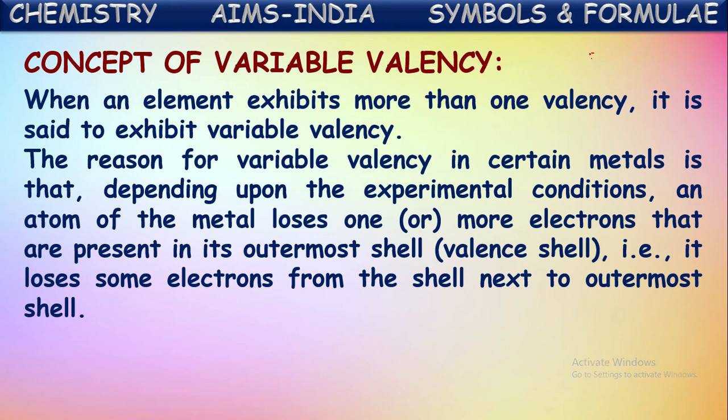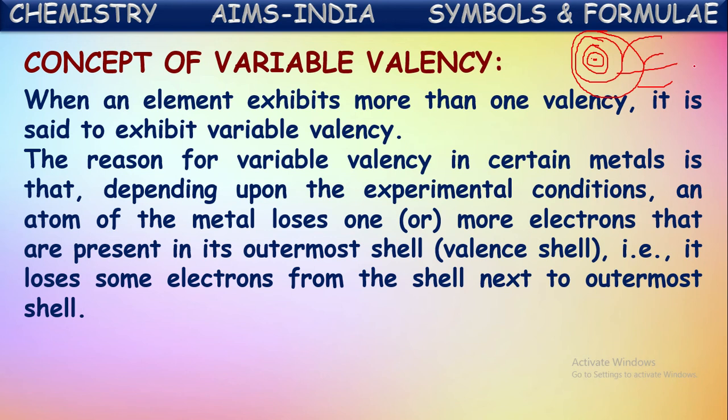Suppose we consider an atom with different shells. It may have many electrons in all the shells. Some atoms, in certain kinds of chemical reactions, lose electrons only from the outer shell, and then they show a certain valency. In other chemical reactions, along with the electrons from the outermost shell, they also release certain electrons from the last but one shell, the next to outermost shell.